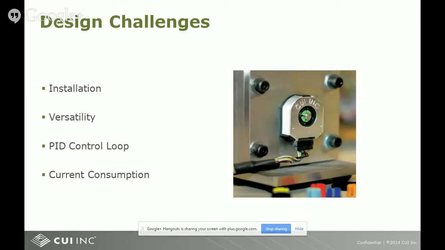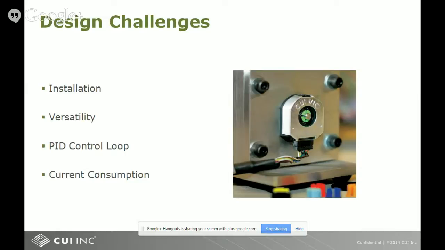That can be a quite time-consuming process in assembly, and obviously time is money, and if the installation is difficult, it can add to the overall cost, even though you don't necessarily see it in piece price.